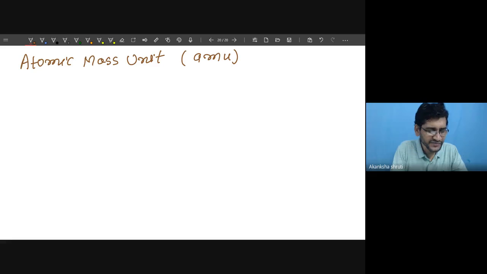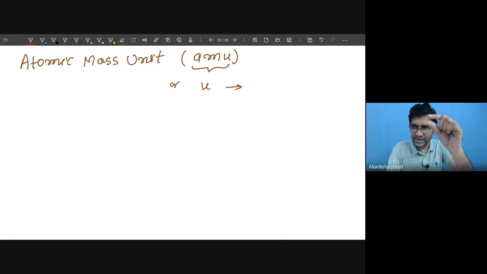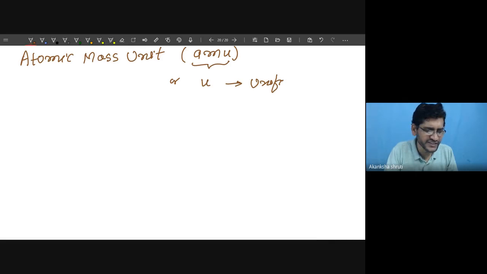But later on, rather than writing this bigger AMU, it was suggested to use the term U only in place of AMU. Okay, student? So now in short, it is denoted as U, and this U is simply called unified mass. Means same one atom is showing how much mass. So it is also called unified mass.